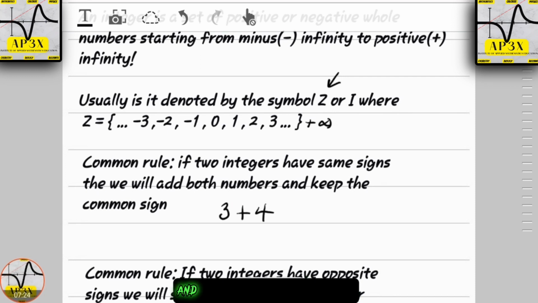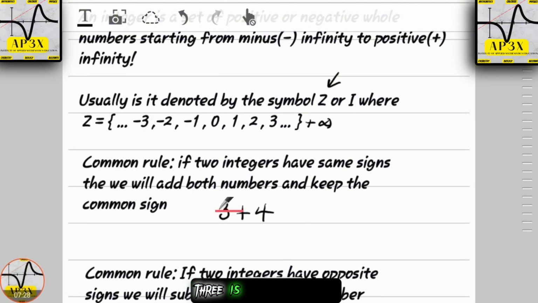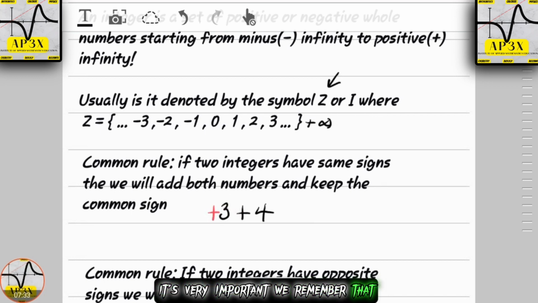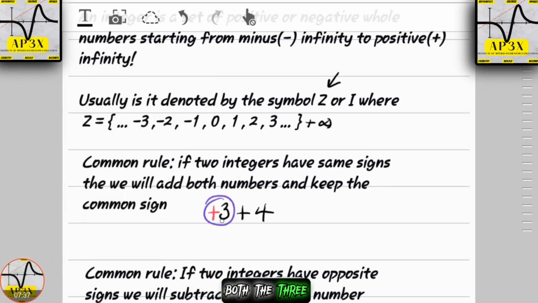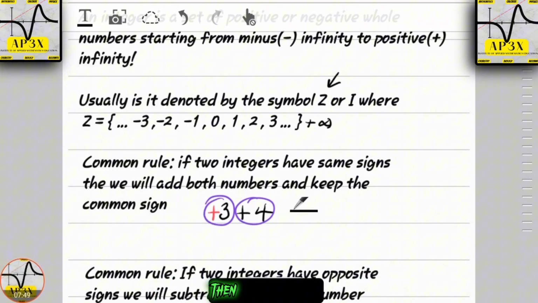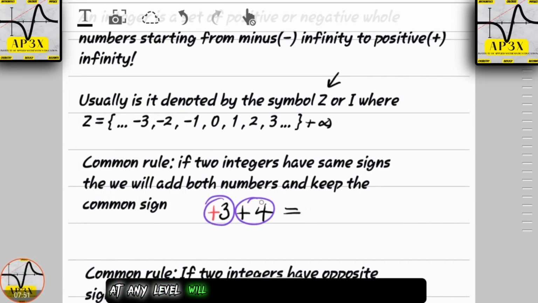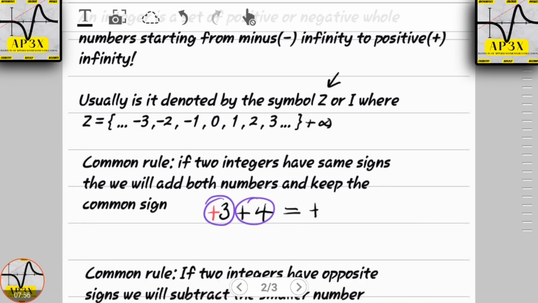It's key to note that the 3 is a positive 3. Both the 3 and the 4 have the same sign, positive 3, positive 4. Naturally, without a calculator, most students at any level will know that the value here is positive 7.